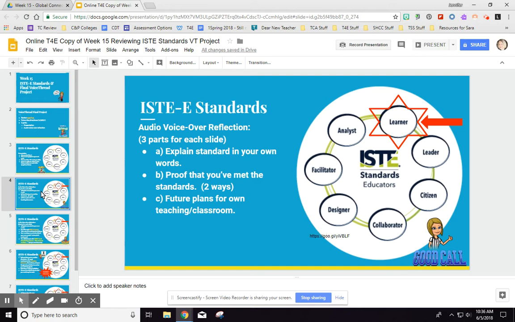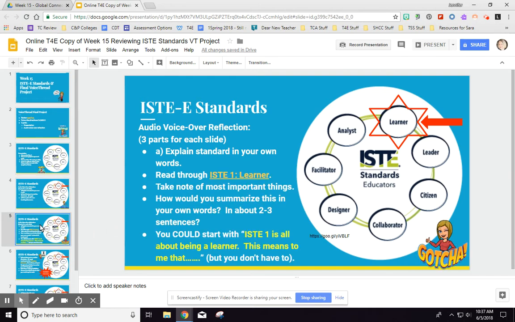You're really going to think about what it means to you in your own words, and then proof that you've met the standard, 2 ways for each one. And that's where I was talking about the links to them in the speaker notes, sorry. And then the third thing you're going to include on each slide in the audio voiceover is how you're going to continue to meet these standards in your own future, in your own classroom.